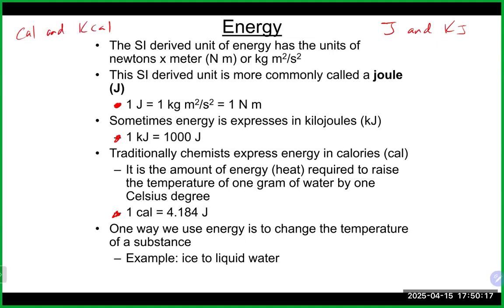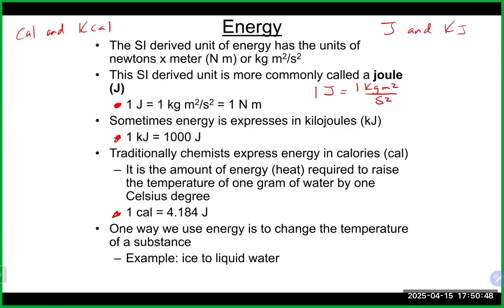This relationship does pop up, and maybe you saw it last semester: 1 joule is equal to 1 kilogram meter squared per second squared. That is a conversion that sometimes pops up. There are obviously 1,000 joules in a kilojoule. A calorie, which in this case is a lowercase c calorie, is the amount of energy required to raise 1 gram of water by 1 degree Celsius.